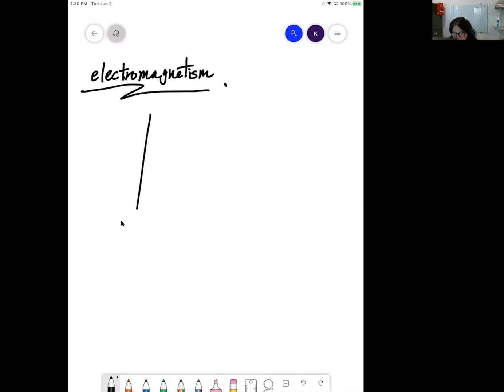Instead, he discovered that if you have a current running up, and a compass on top like this, the compass turns. When you have a current flowing like this, the compass turns into this direction.